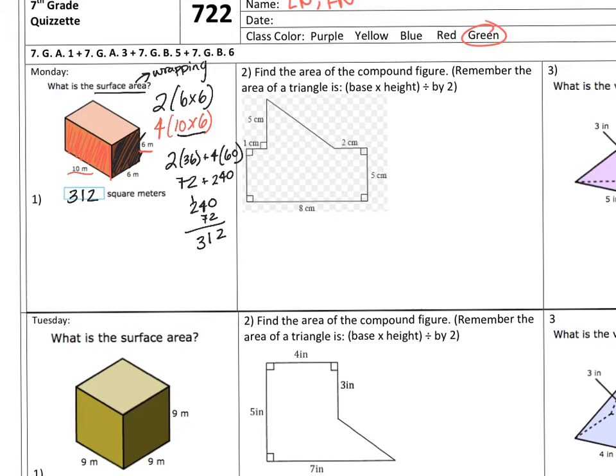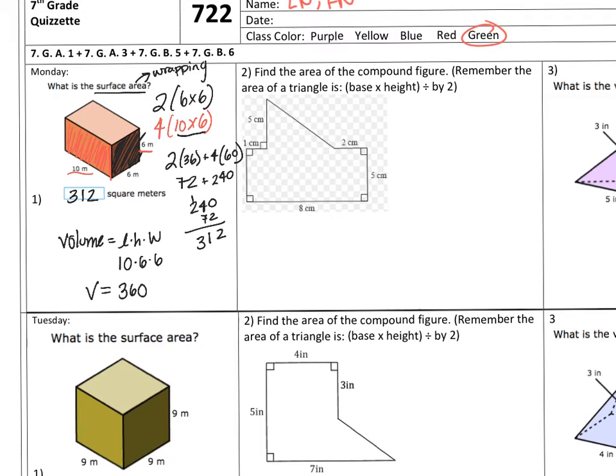The volume would be different from surface area. It would be the length times the height times the width, or base times height times width. Just multiply those 3 numbers they gave you, which is 10 times 6 times 6, which is 360, I believe.